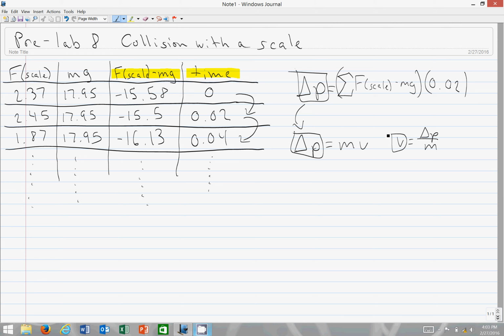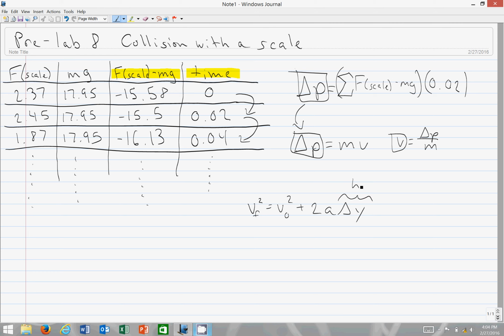Now, in the third section here, we're asked to solve for a theoretical height from which the weight is dropped. So, we can use a kinematic for this. Let's use this equation here, v final squared is equal to v initial squared plus 2a delta y. In this case, we can call this h, delta y, delta x.